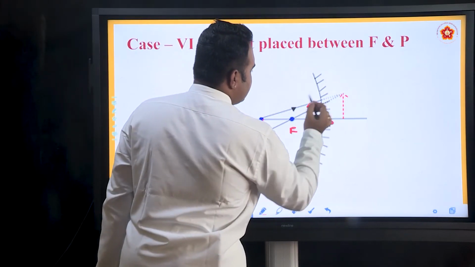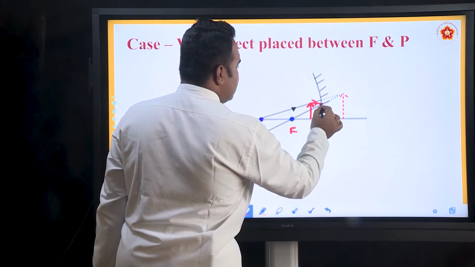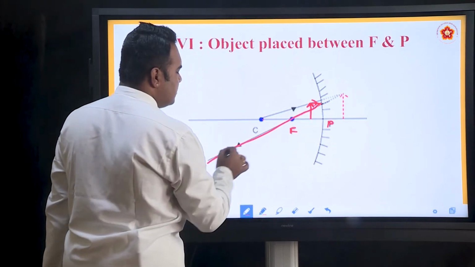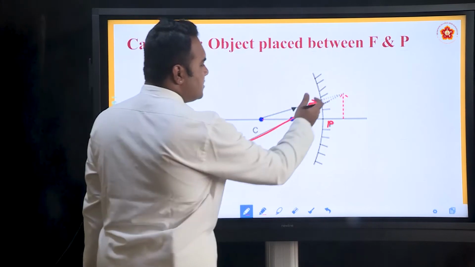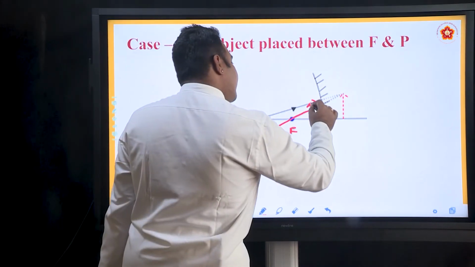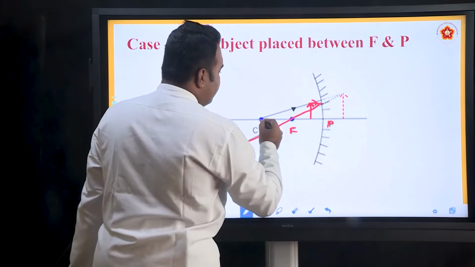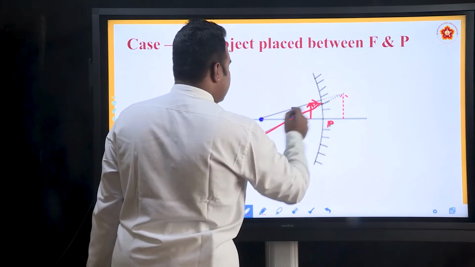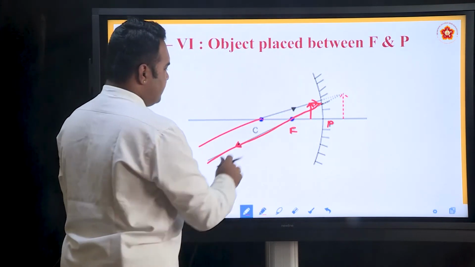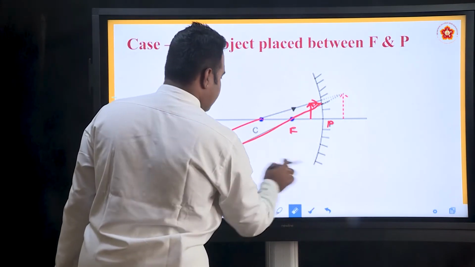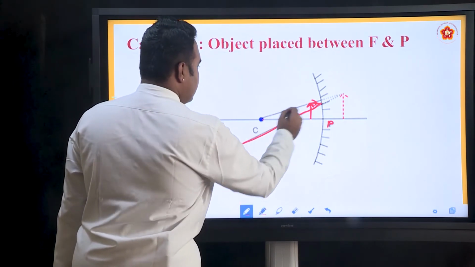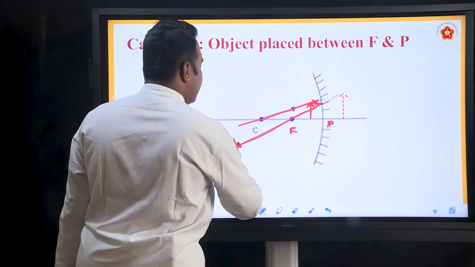One ray of light that is coming parallel to the principal axis, after the reflection passes through the focus. Use scale and pencil so that these lines will be straight without any curvature, and another ray of light which is emerging from the object, which is directed along the center of curvature, it retraces along the same path.